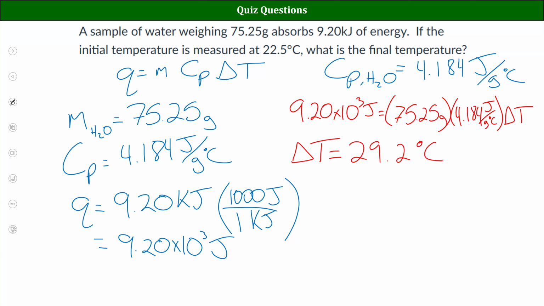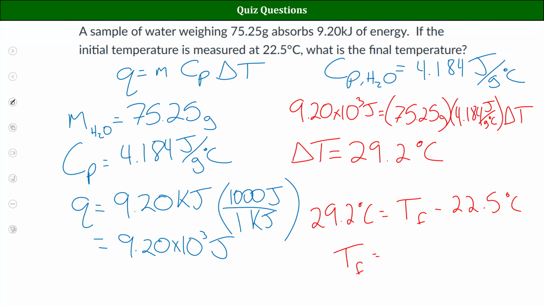So once we know delta T, 29.2 degrees Celsius equals T final minus 22.5 degrees Celsius. So T final winds up being in the 50s.